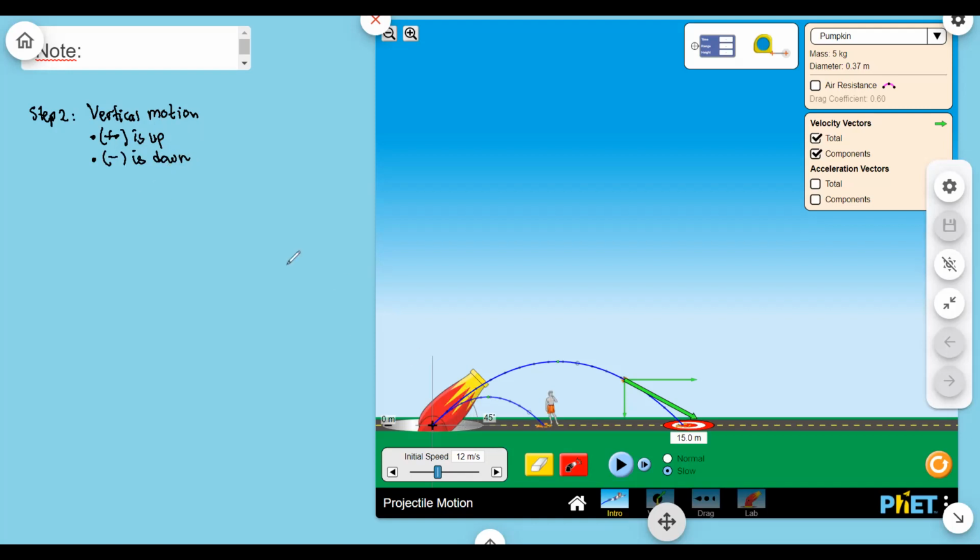Now, because the vertical motion has height, the new quantity, we cannot use x, so we use y. So y, the final height, equals initial height plus 1 over 2 (Viy plus Vy) times t.